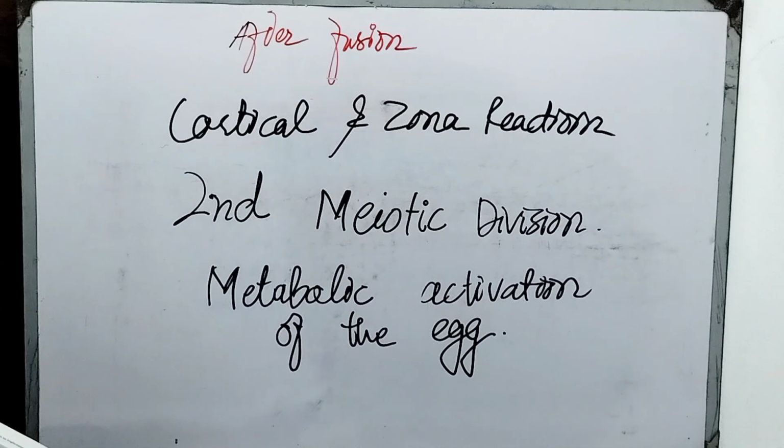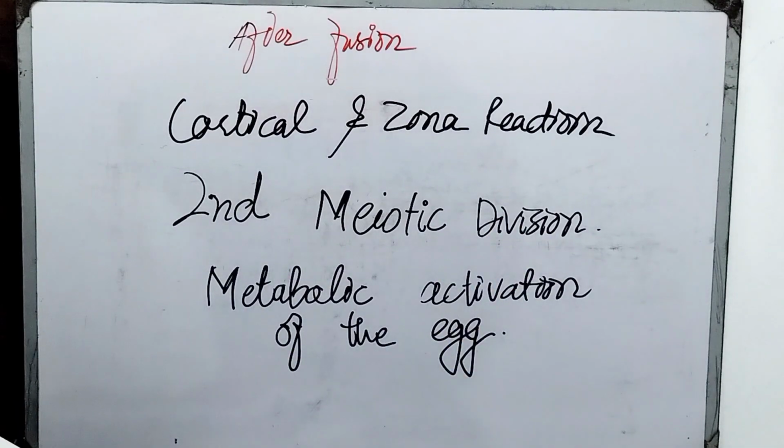After the fusion of the oocyte and the sperm cell membrane, the egg will then change in three different ways. First one is the cortical and the zonal reaction. In the cortical and the zonal reaction, the plasma membrane of the oocyte and zona pellucida will become impermeable for the further incoming spermatozoa.